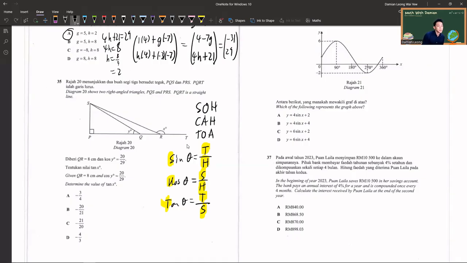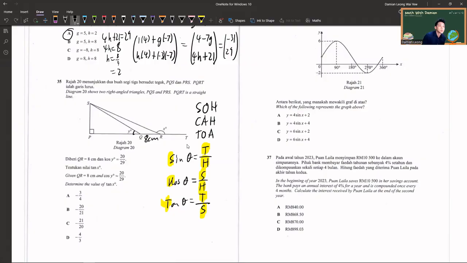So, di sini kami diberi nilai cos Y dan jarak QR 8 cm. Okay. So cos Y 20/29. Yeah, 20/29.